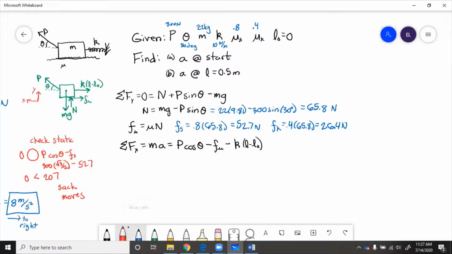So then we'll check dynamic. For this, we need to actually find the value of the acceleration.